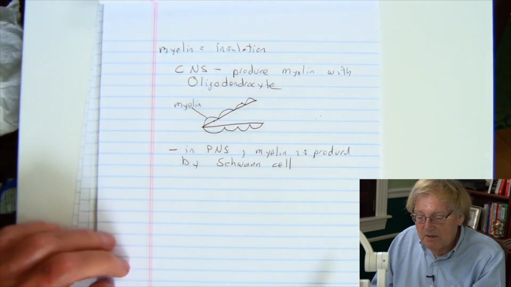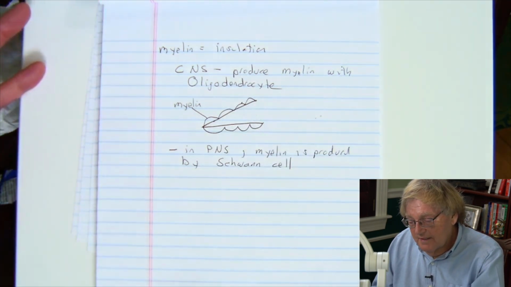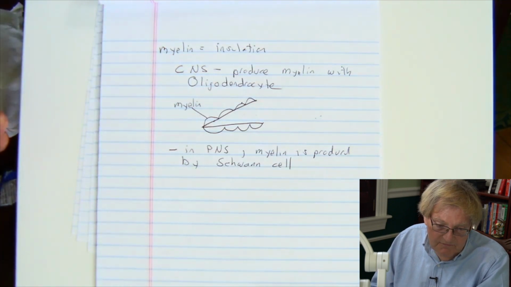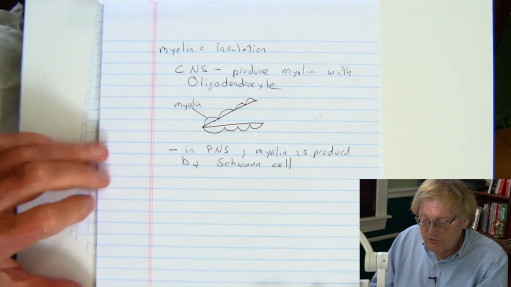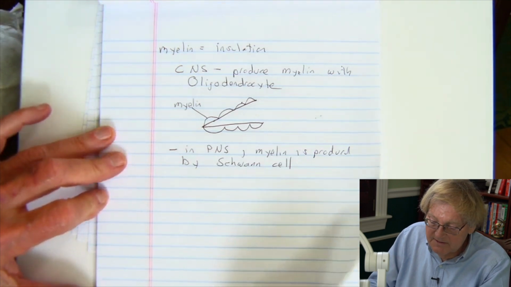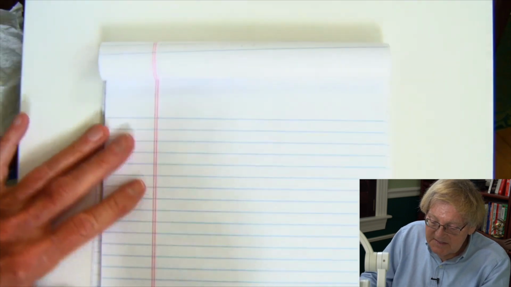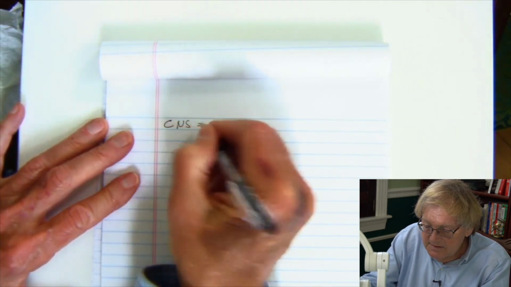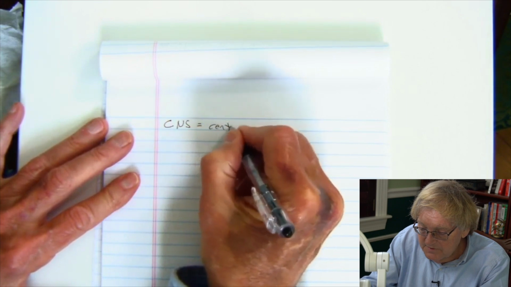So the next thing we want to do, since we know that that's the overview really of the functional unit and the structural unit of the nervous system, let's differentiate what we would call the CNS. So CNS, remember, is the central nervous system.